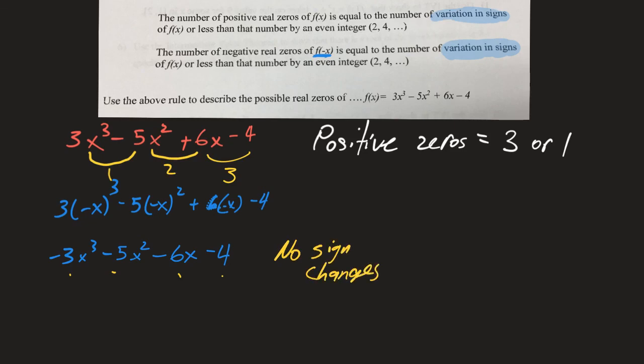Which means how many negative zeros do I have? None, absolutely. If I started to try and use the rational root theorem on this, I would have had maybe like 16 different possible zeros, plus or minus.